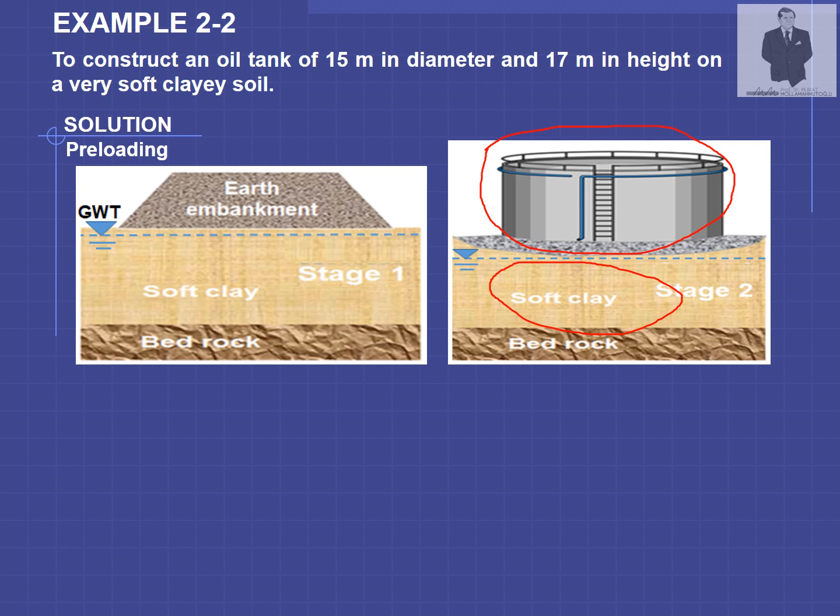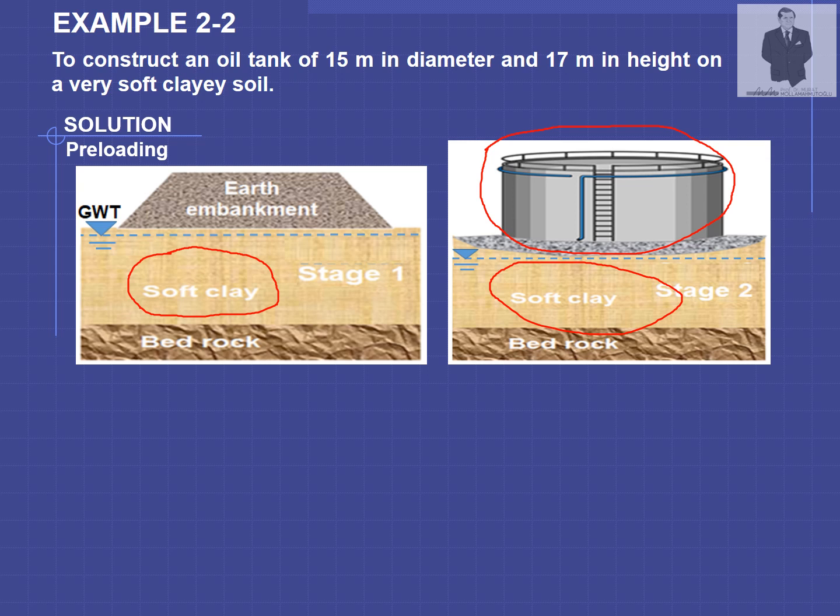The preloading method consists of building an earth embankment on the ground surface to compress the soft clay layer, as illustrated here, removing the earth embankment, and finally placing the oil storage tank on the prepared ground surface.